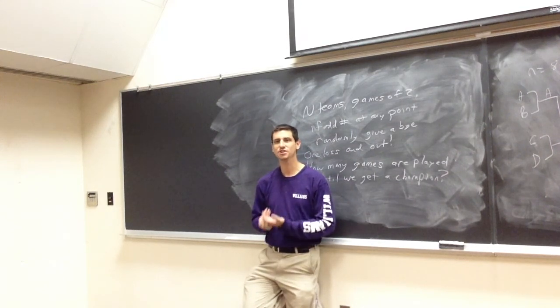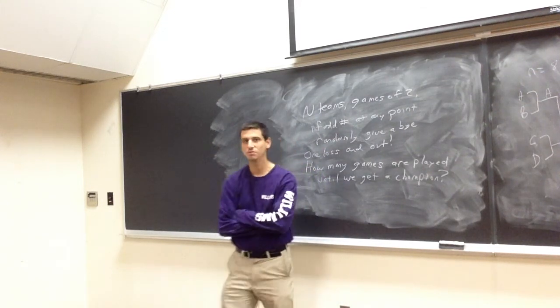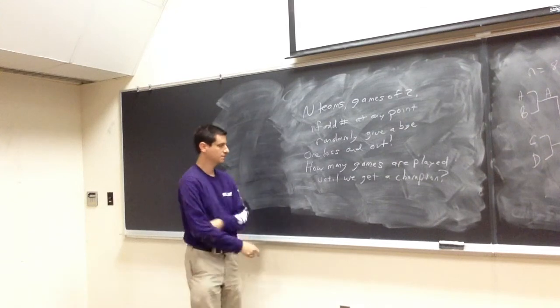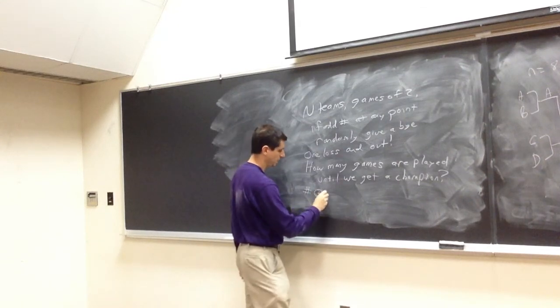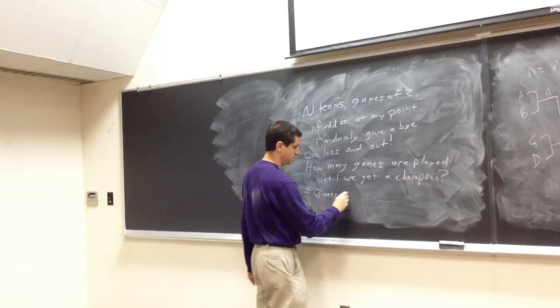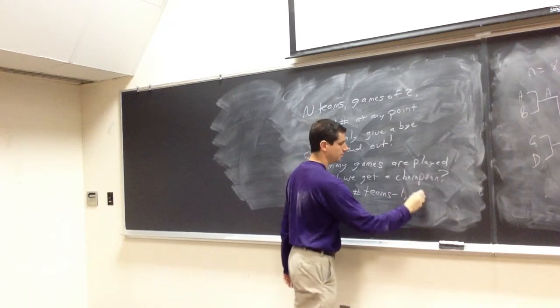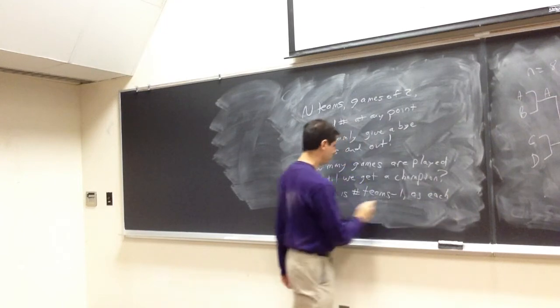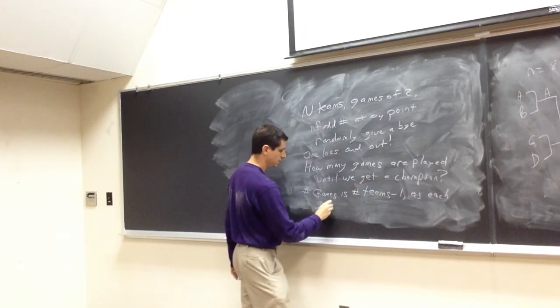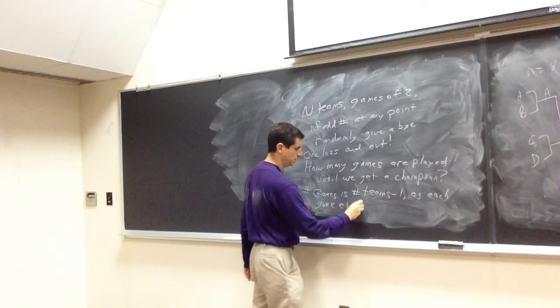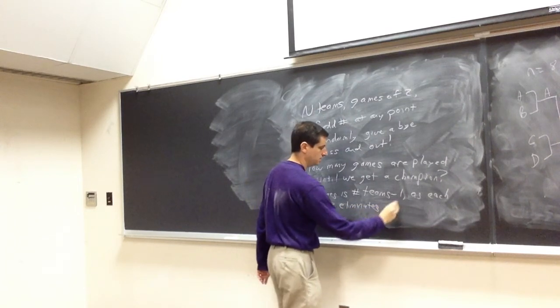How many games is it going to take to eliminate n-1 teams? n-1 games. So the number of games is the number of teams minus 1, as each game eliminates a team.